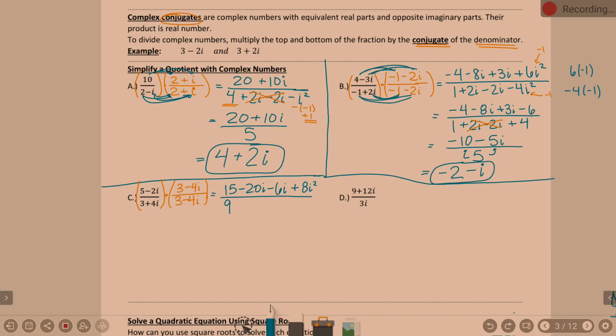Outsides, 3 times -4i is minus 12i. Insides, 4i times 3 is plus 12i. And last, 4i times -4i is negative 16i squared.